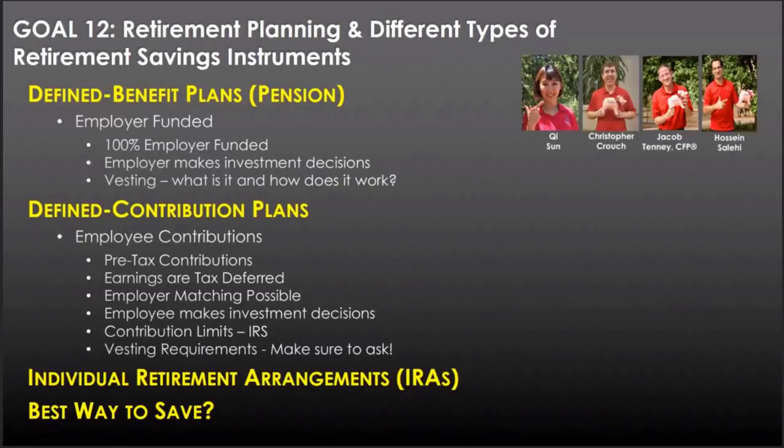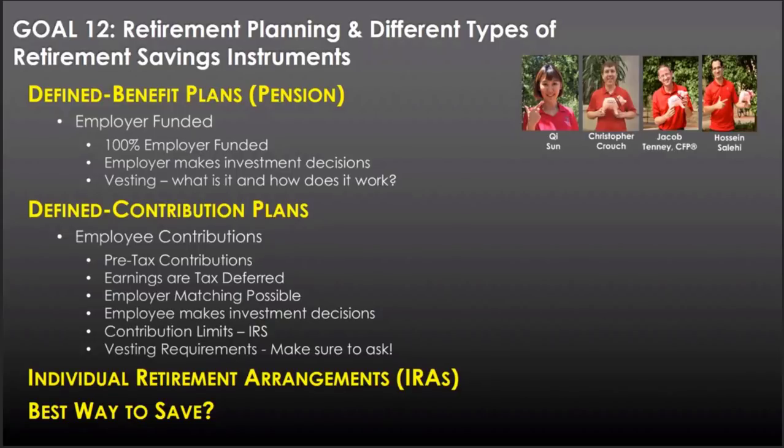Employer, that's right. So the key difference is that employer is funding defined benefit, but for defined contribution, employee also can contribute. So if you see a question, contributors for defined contribution can be employee and employer, okay?